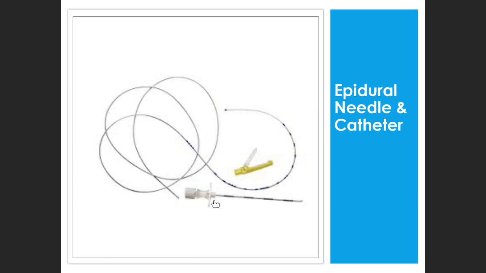And then I'm going to pull the needle out while keeping the catheter fairly firm, so it doesn't get pulled out. And then I'm going to think, okay, the depth of the epidural space was 5 centimeters, and I want to leave another 5 centimeters. So once I take out the needle, I would now want to pull that catheter back to 10 or 11 centimeters at skin, simply because it will be 5 centimeters to the epidural space depth, and then the rest would accommodate the amount of catheter in this space.